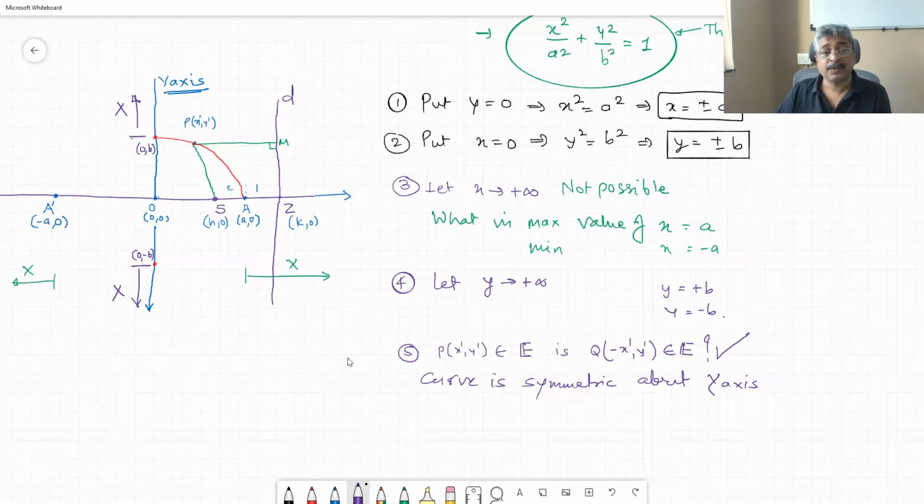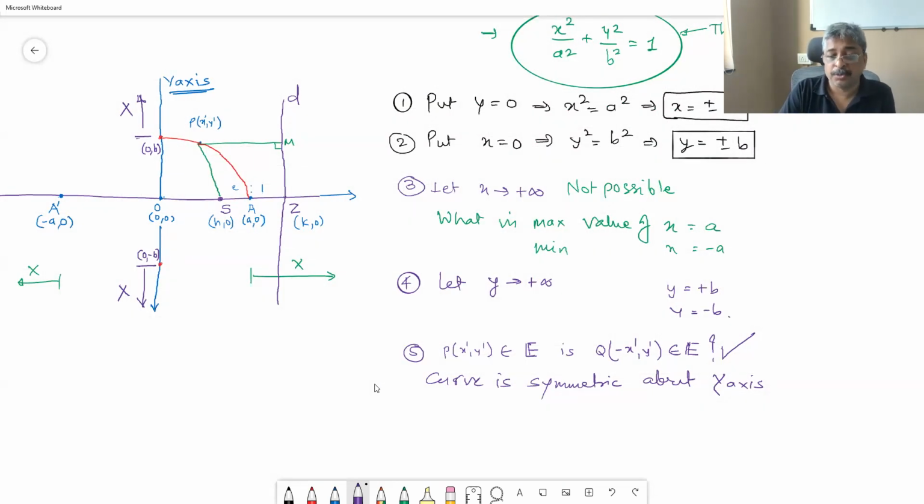Good. Similarly, if you put x' comma minus y', you will find yes, the curve is symmetric about the x-axis. Good.